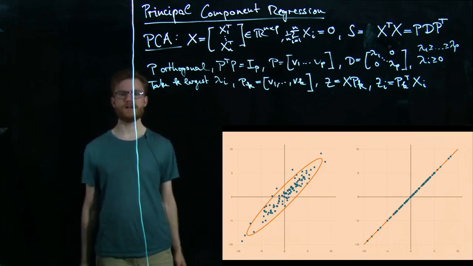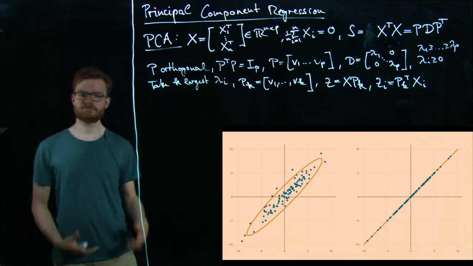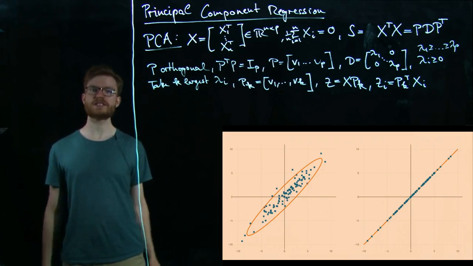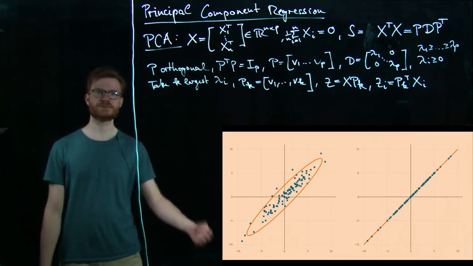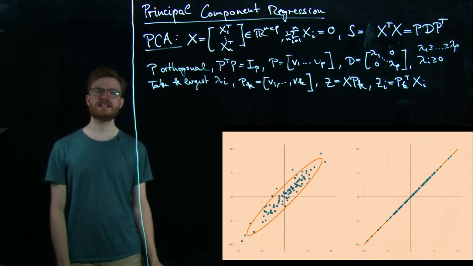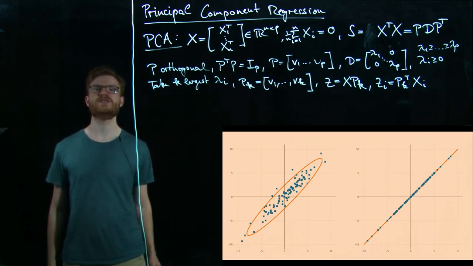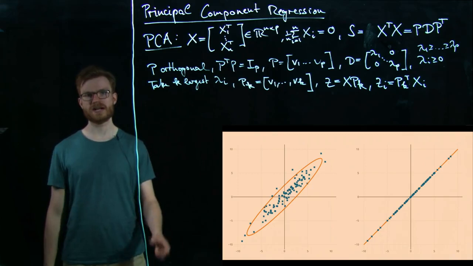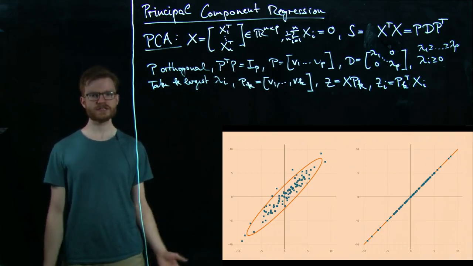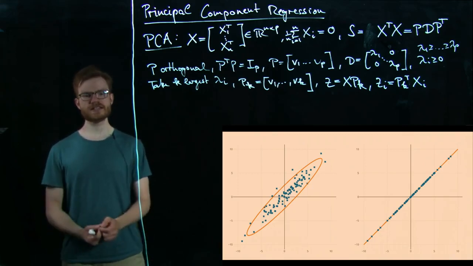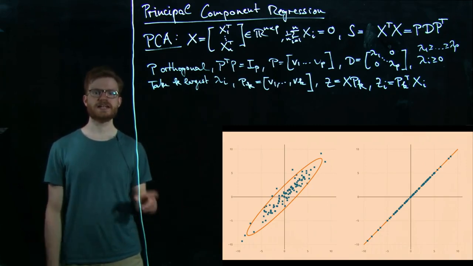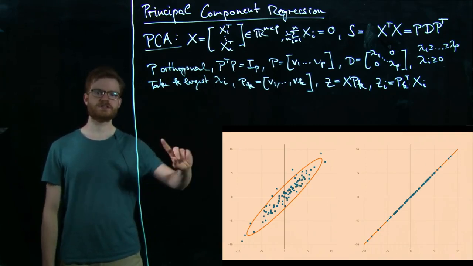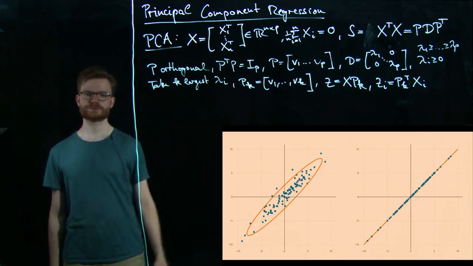Here I've just drawn some points following a multivariate Gaussian distribution, which has much higher variance in the diagonal direction 1, 1 than it has anywhere else, or than it has on the skew diagonal 1, minus 1. So if your data looks like this, you see that there is much more variation among your points in this diagonal direction than there is on the off-diagonal direction.